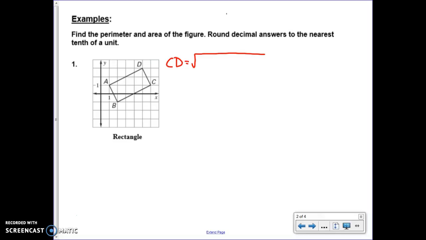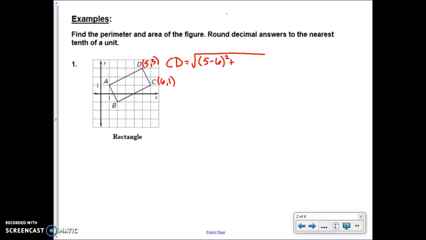So point C is 1, 2, 3, 4, 5, 6, and up 1. Point D is 1, 2, 3, 4, 5, and up 3. So I'm going to subtract my x values and square them.